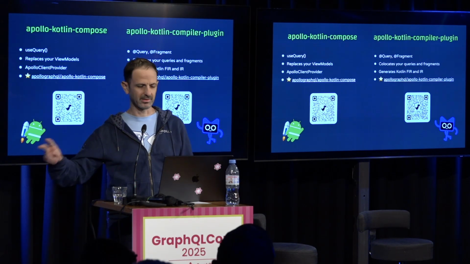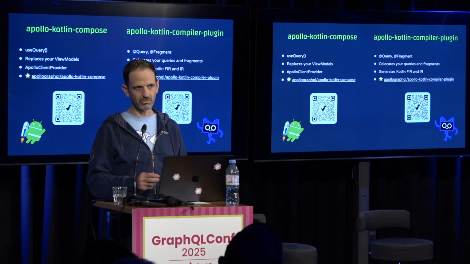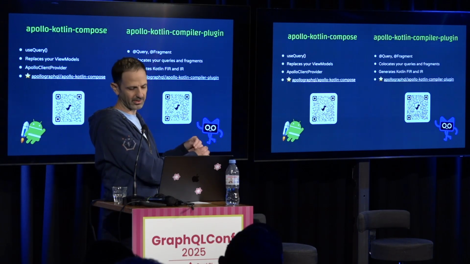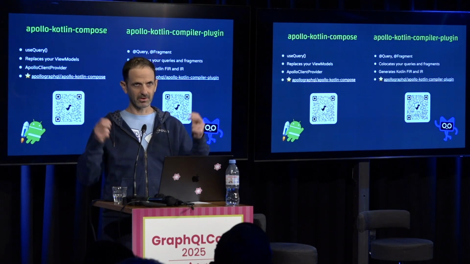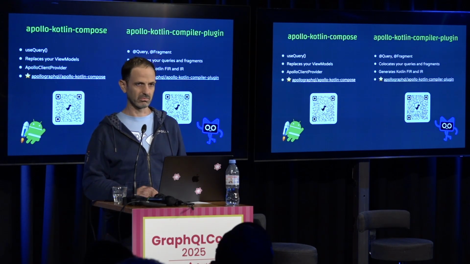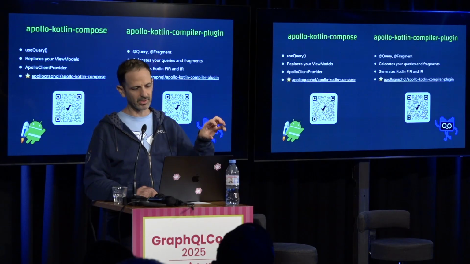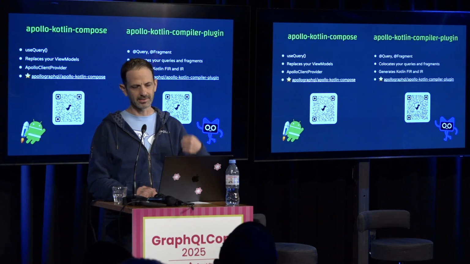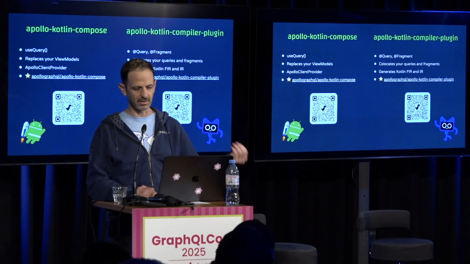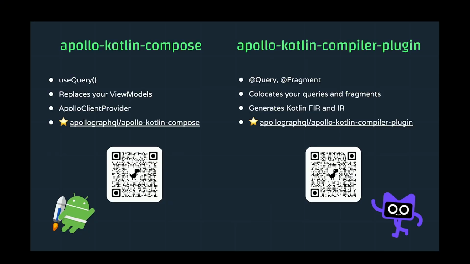And the second part is fragment collocation. So right now you have your GraphQL queries in GraphQL files. And what we did is create a GraphQL Kotlin compiler to extract those queries from Kotlin files, so you would have them as string literals, and generate intermediate representations that would be directly embedded inside your apps.